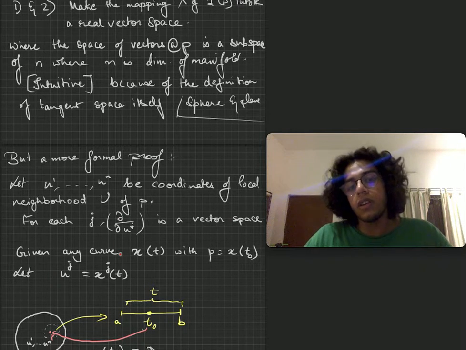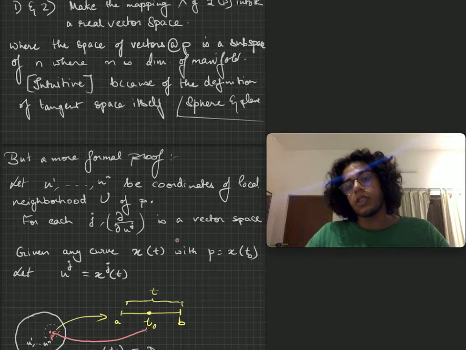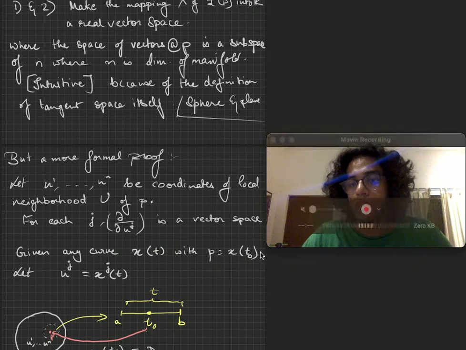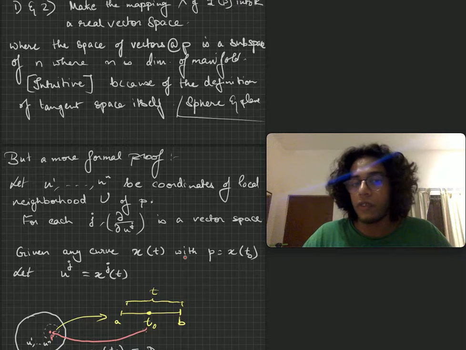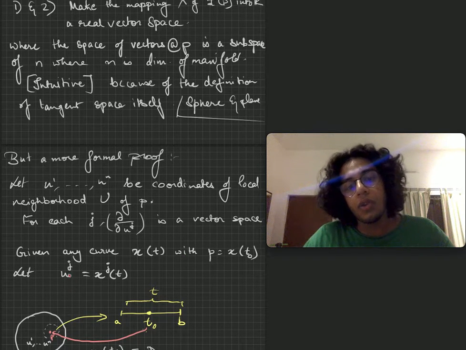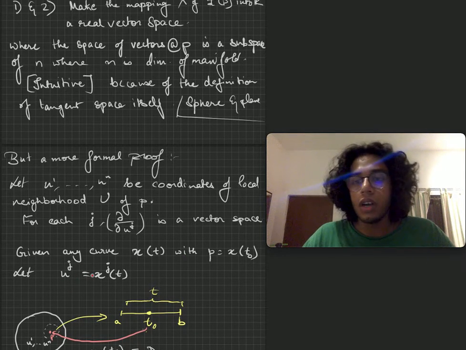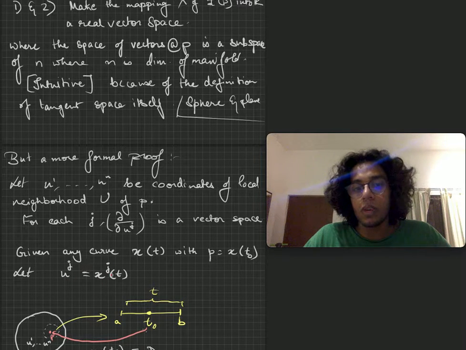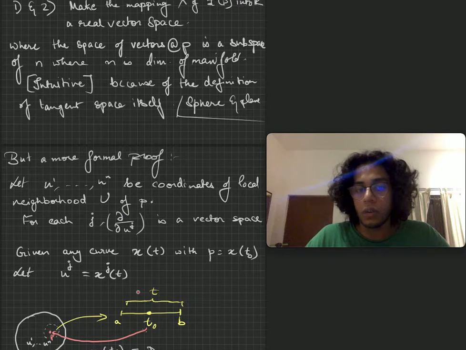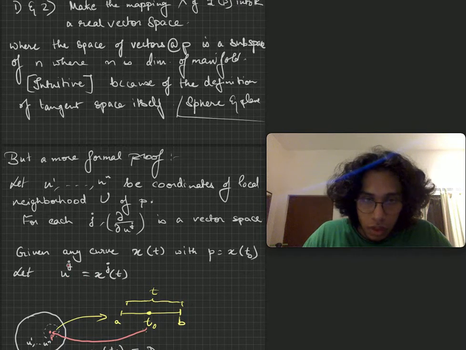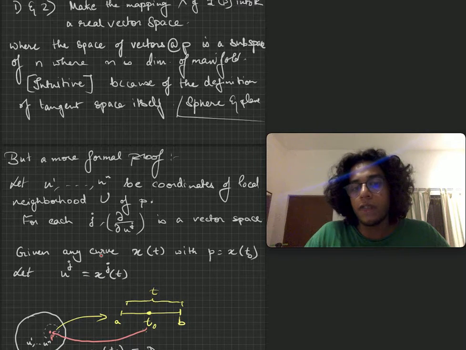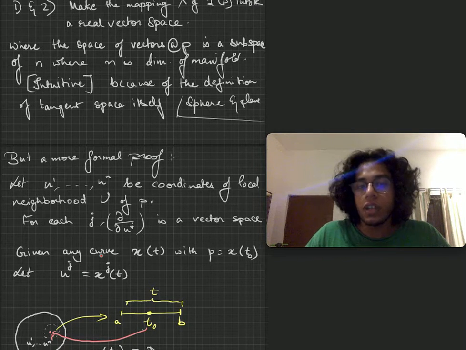Now given any differentiable curve x of t with p equal to x of t naught, you can split x of t into its n components. Let's assume that you can fit the components of x of t into u.